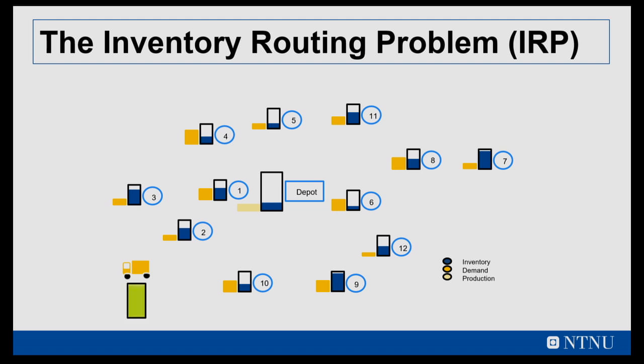We can look at an example of what happens in the first period. We load the vehicle, and the vehicle goes around visiting all the customers that are about to run out of products. And then we update the inventories, and we can move on to the next day, and we have to have a plan for that day as well.